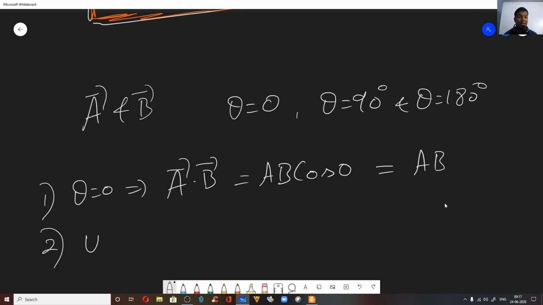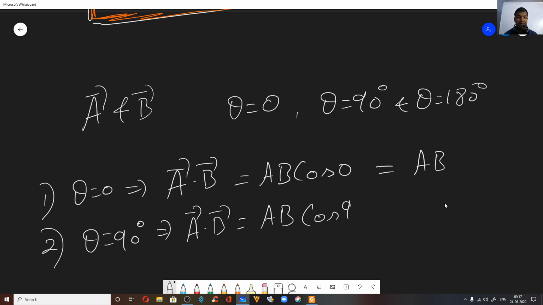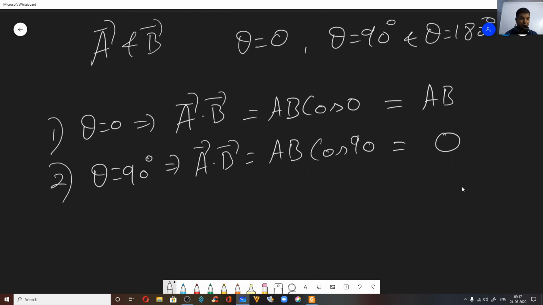So try to understand. If theta is equal to 90 degrees, you'll get a dot b as ab cos 90. Cos 90 is 0, so the dot product turns out to be 0. Now if theta is equal to 180, I think you must be familiar with the values of trigonometric ratios beyond 90 degrees.